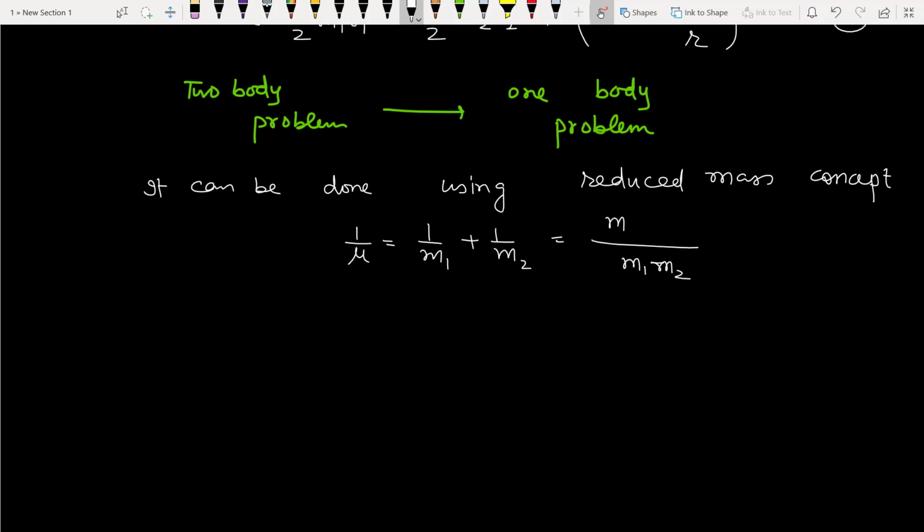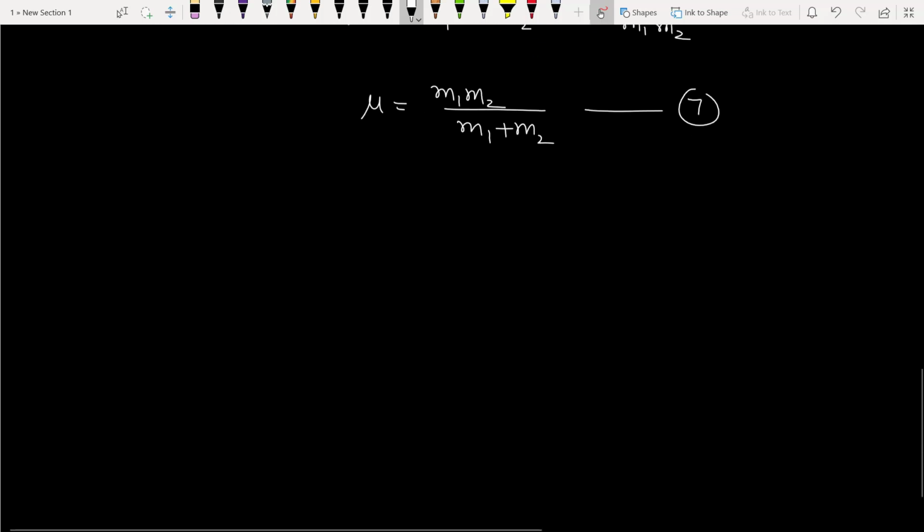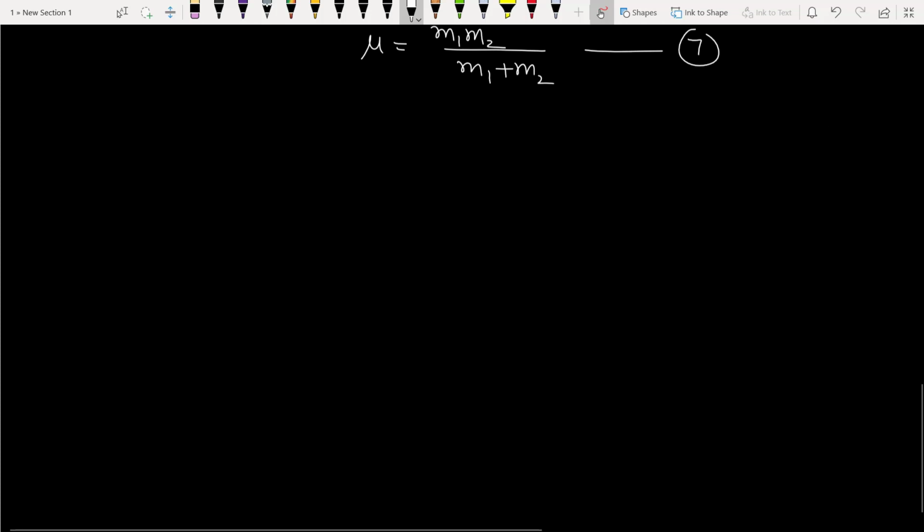Taking the LCM, mu is m1 m2 over m1 plus m2. This is our equation number 7. Using this reduced mass concept, the two body problem is easily converted into a one body problem.